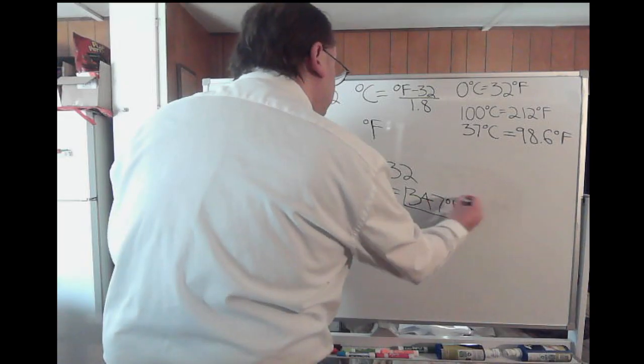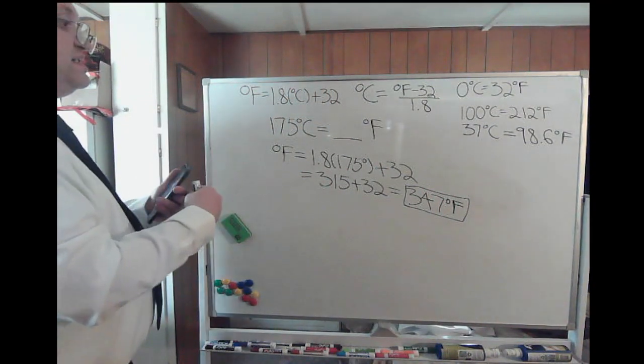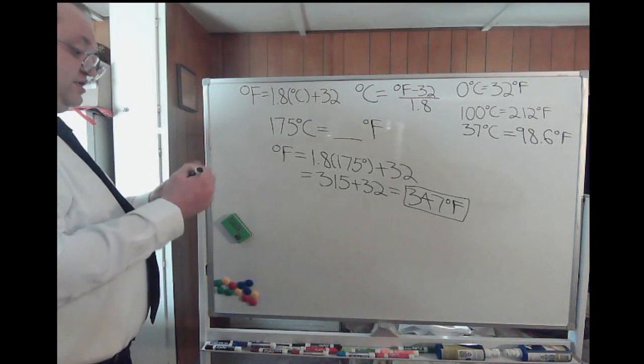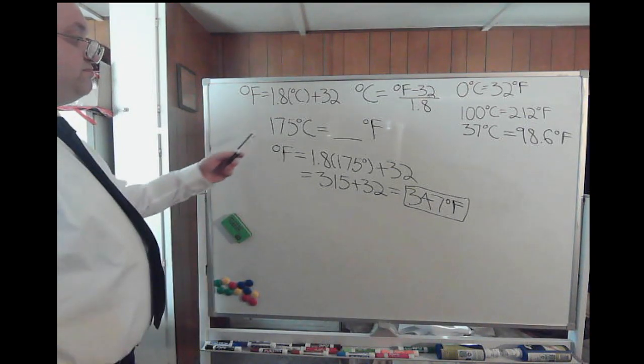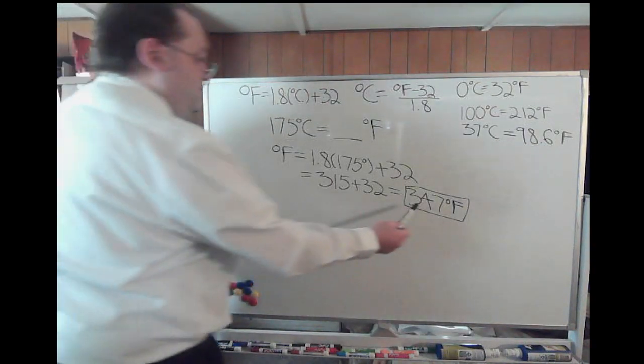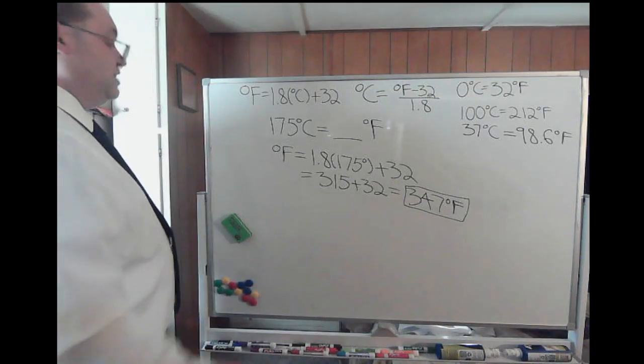Which, yeah, that's about an oven temperature. 175, that'd probably be approximately equal to 350 Fahrenheit. So in metric countries, of course, the temperature is set much lower, but it's really equal to about 347 Fahrenheit. 350 is what it would round to.